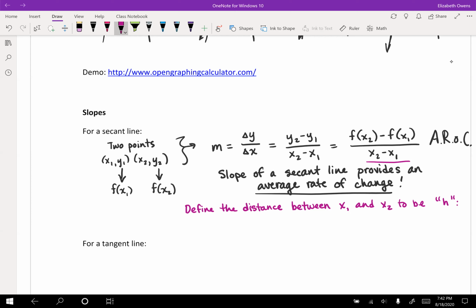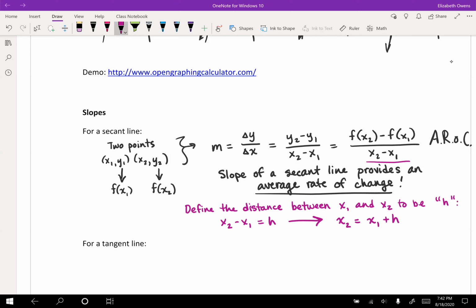So if you take x2 minus x1, that's the difference or distance between those two x values, that would equal h. Then if we take that little equation and solve for x2, we add x1 to both sides, and x2 would equal x1 plus h.